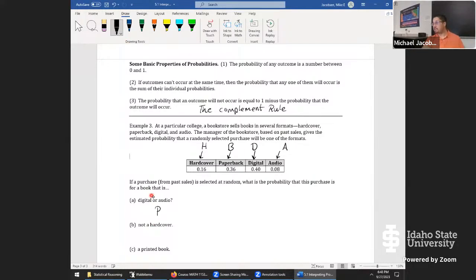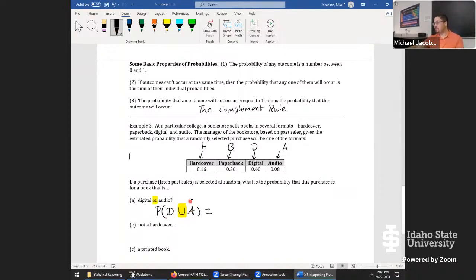We can rewrite this as, what is the probability that the book is D for digital, or A for audio? In place of "or," we put a union symbol. That's a kind of strange symbol. It comes from set theory, and it's just a way to say this event together with this other event.